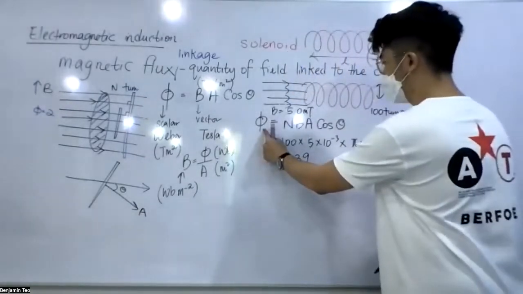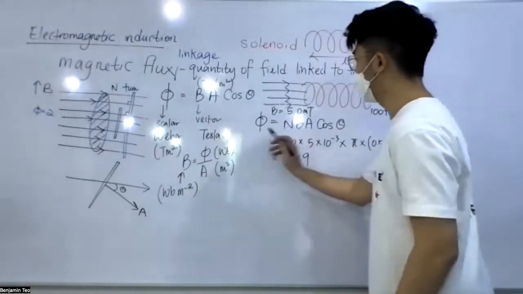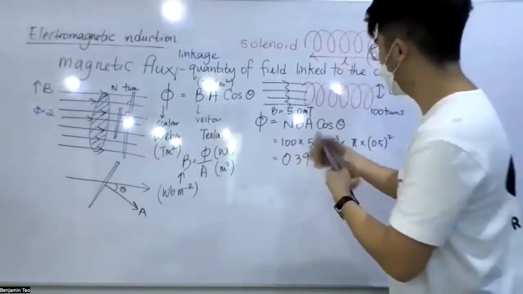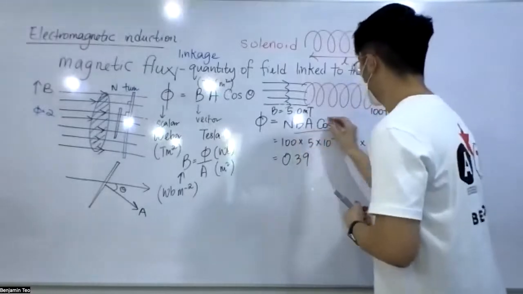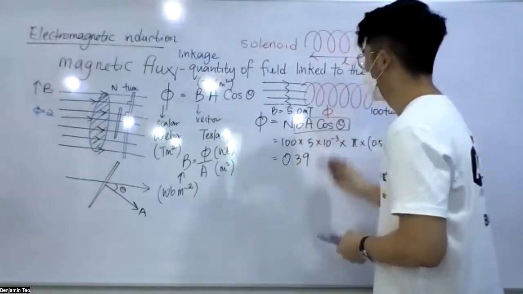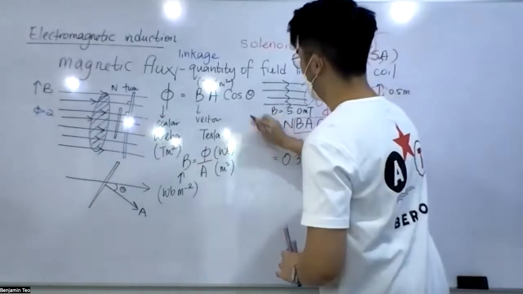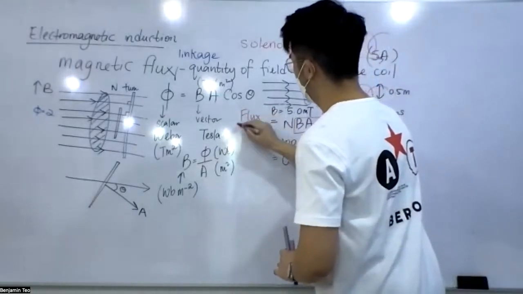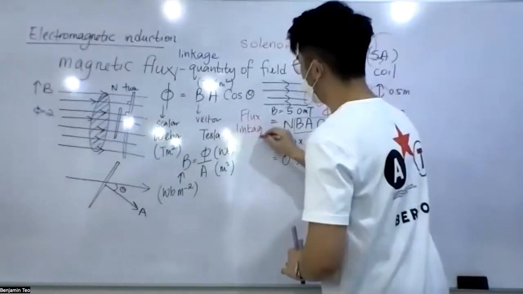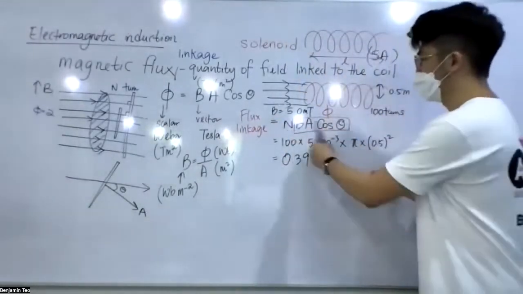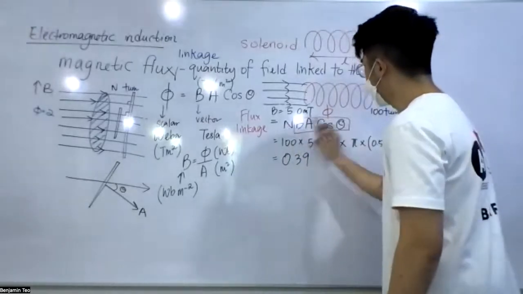This is flux linkage. Flux linkage is, you got N here, you see, this one, the B dA cos theta, this one is your flux. Sorry, I should write here, flux linkage. Flux linkage and flux, what is the relation? You just times the N, okay? So this is turn, this is Weber.